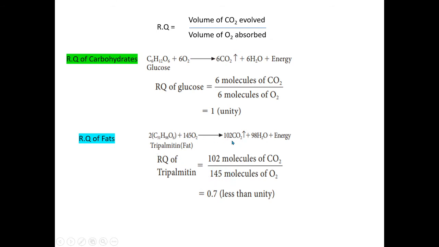You can see here for oxidation of this tripalmitin fat, 145 oxygen molecules are required, and evolved carbon dioxides are only 102. So 102 by 145 gives 0.7. So all the fats in a similar manner have an RQ value of 0.7.